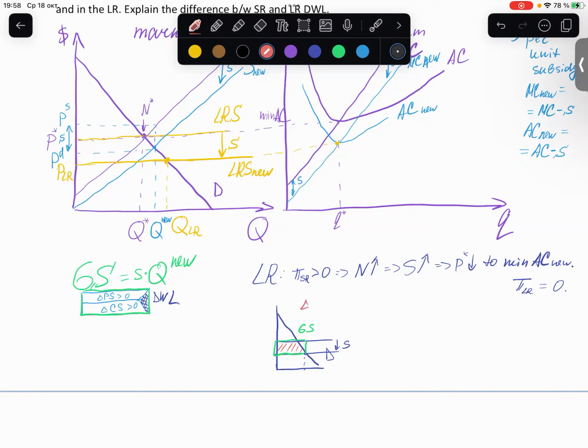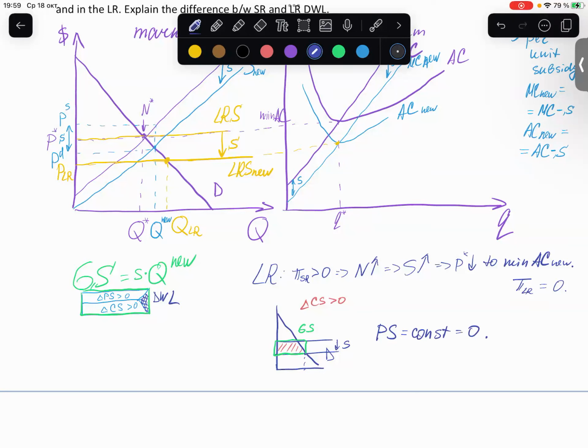Red is the change in the consumer surplus. It's positive. But what happens with the producer surplus? Producer surplus in the initial situation was zero because the profit from which we start was zero. And now, in the new long run equilibrium, the profit is exactly zero. So before and now, producer surplus does not change and it is equal to zero.